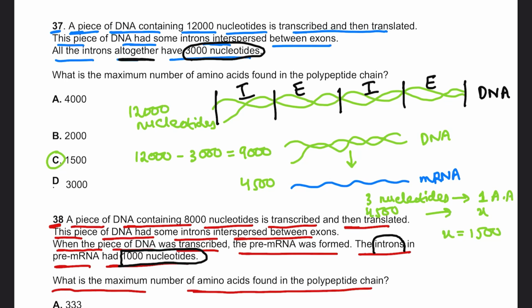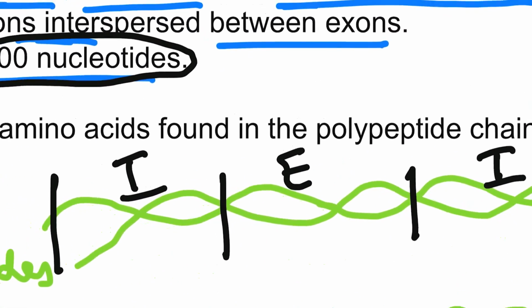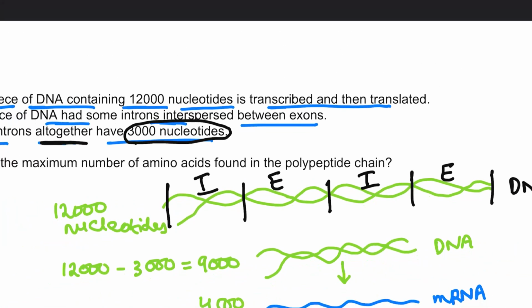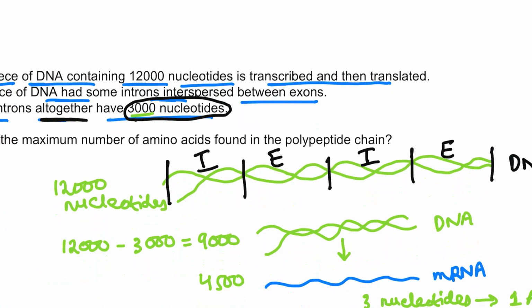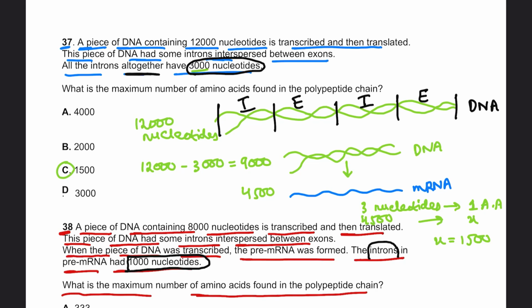There's another method that we can apply. As we all know, double-stranded introns contain 3000 nucleotides, right? So single-stranded introns in pre-mRNA could contain 1500 nucleotides.